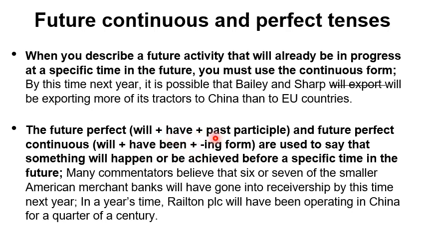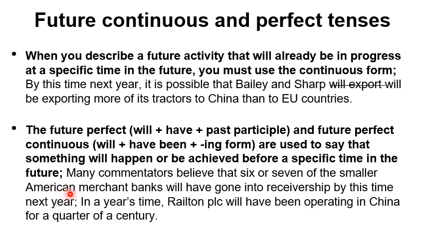For future perfect, we read this example. Many commentators believe that 6 or 7 of the smaller American merchant banks will have gone into receivership by this time next year.